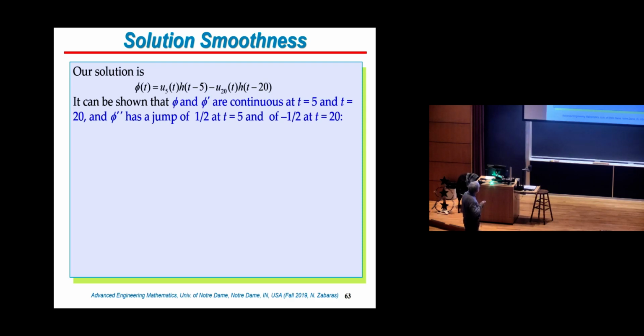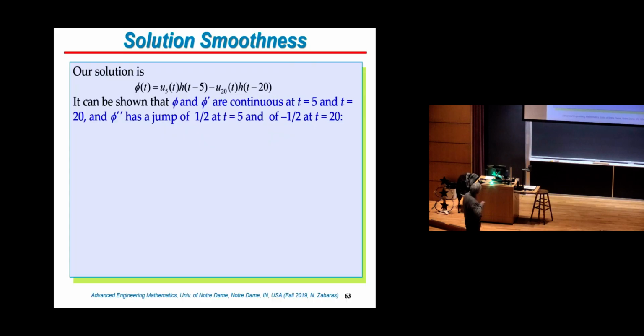So can somebody tell me why phi double prime has a discontinuity equal to 1/2 at these 2 locations, and minus 1/2? I remind you, the equation was 2y double prime plus y prime plus y equal to g. And g had a discontinuity of 1 up and minus 1 down. So why does the second derivative of the solution have a jump of 1/2 at t equal to 5?